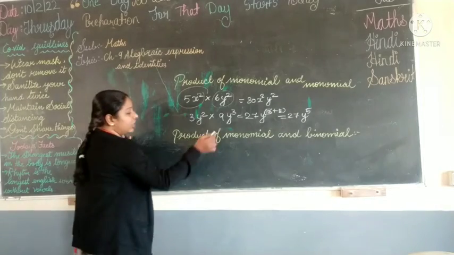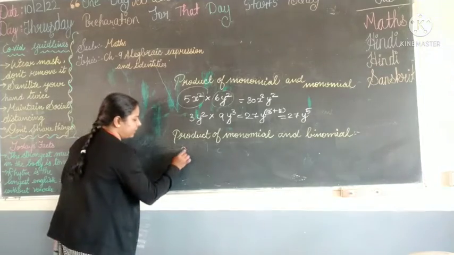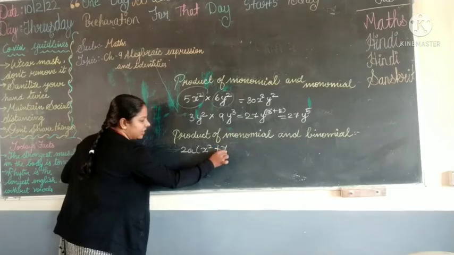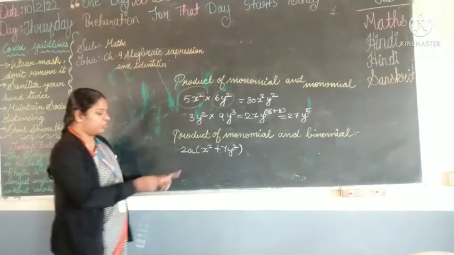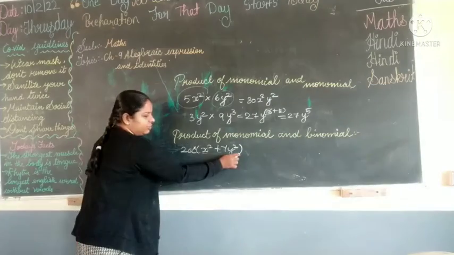Next, multiplying a monomial with a binomial, for example 2a into x square plus 7y square. The first is a monomial and this one is a binomial.